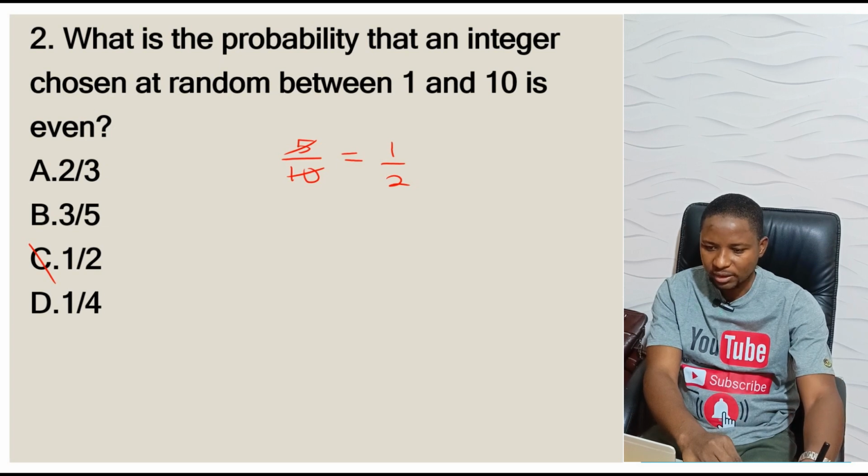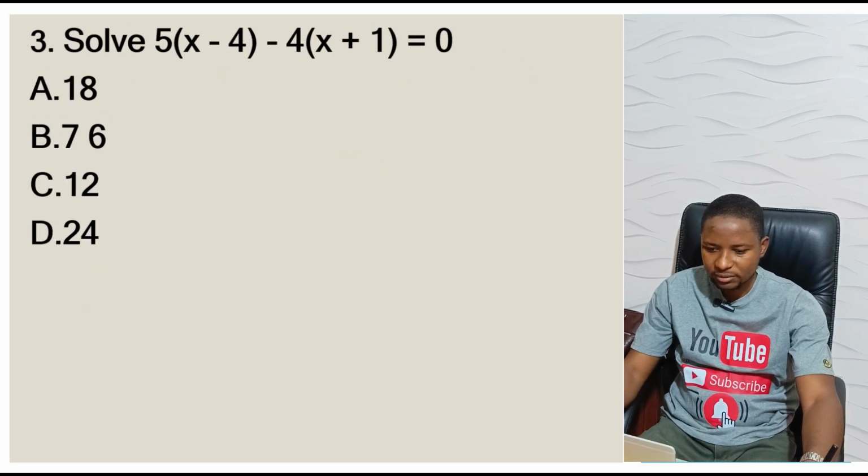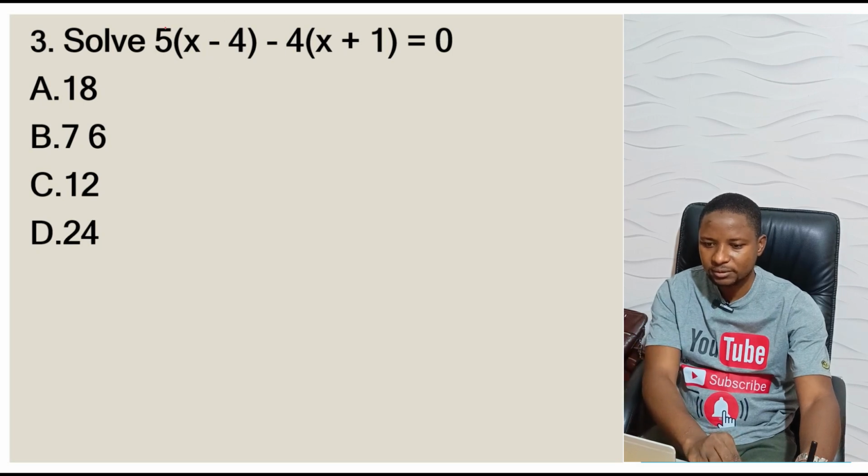I believe we're learning. Moving on to the next question, solve this. Just distribute the 5 across what is in the bracket and do the same thing here. But please be sure you're using a -4 to open the second bracket. So in the first bracket we have 5x minus 20.